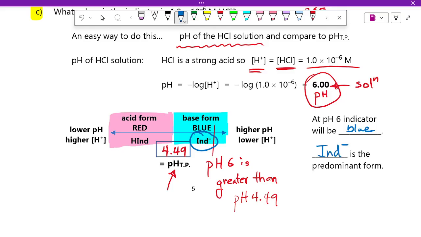No, but how is it if it's at 6? 6 is higher than 4.49. 4.49 is where it changes color. It's not changing at pH 7. That's what you have to get your head through, is that very few indicators actually change at pH 7. This one changes to its base form way down at 4.49. Okay?